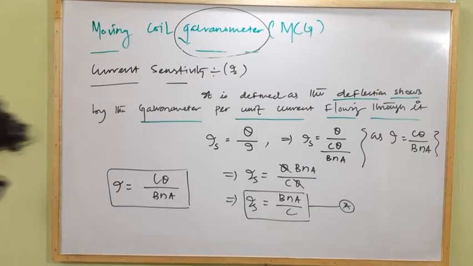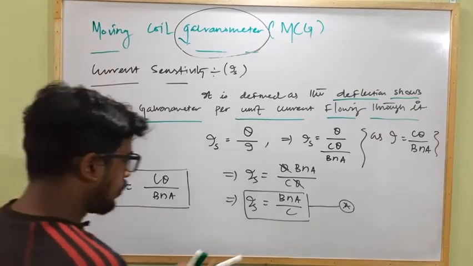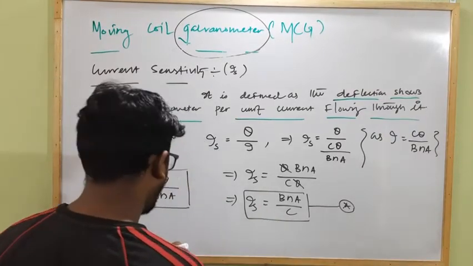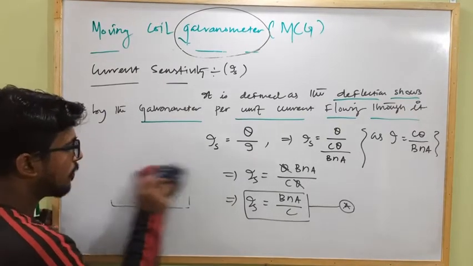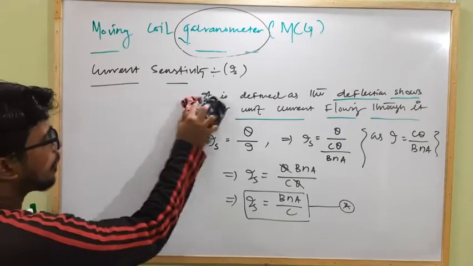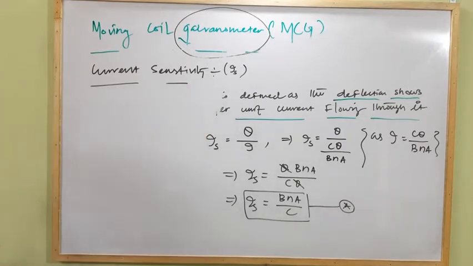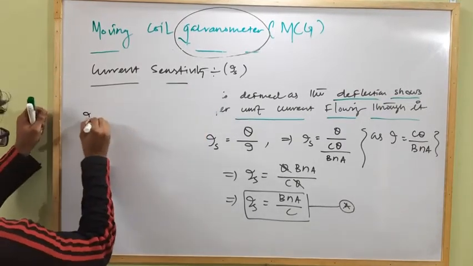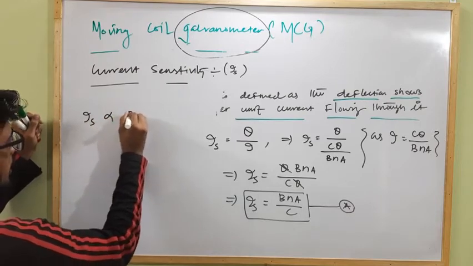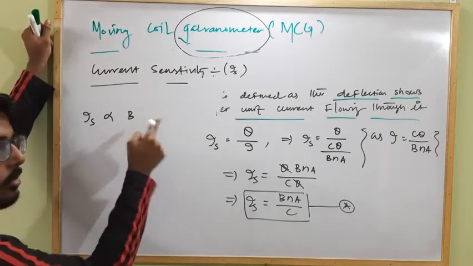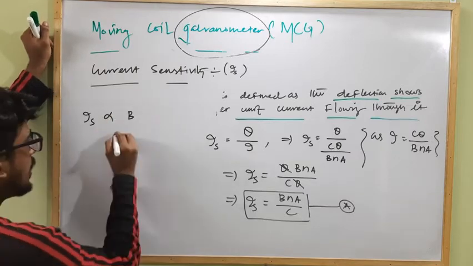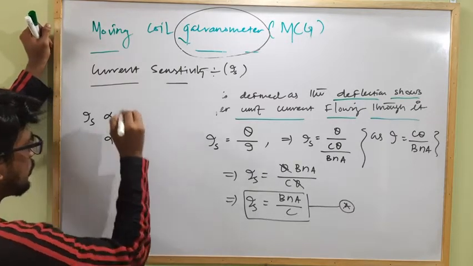And from this relation we conclude that the current sensitivity of a moving coil galvanometer is directly proportional to the magnetic field strength, number of turns and the cross sectional area. If we increase the magnetic field strength of the galvanometer, the current sensitivity will increase. It is also directly proportional to the number of turns of the coil.